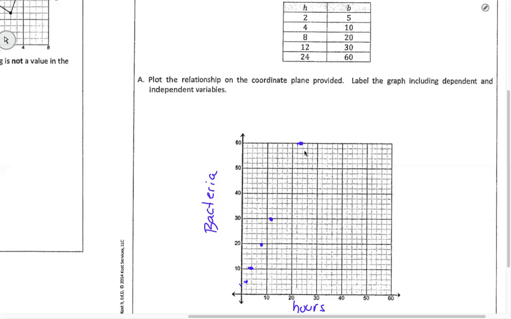It looks like the points are kind of diagonal, I guess. Yep. Are they going up or down? Up. So if they're going up, I know that the longer they sit around and incubate, the more colonies I get.